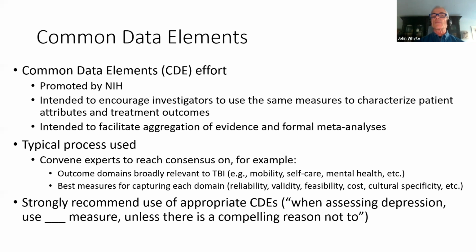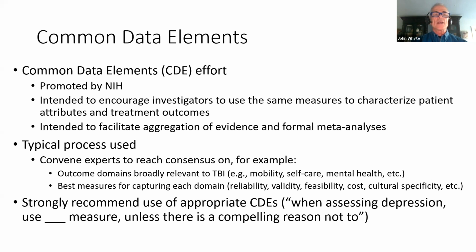I'm going to move on to the other project, and then I'll come back to some general conclusions. So the Common Data Elements project from NIH. There's been a broad CDE effort promoted by NIH over the last 15 years or so that's intended to encourage investigators to use the same measures to characterize patient attributes and treatment outcomes across studies.